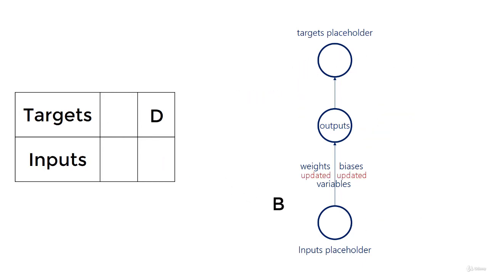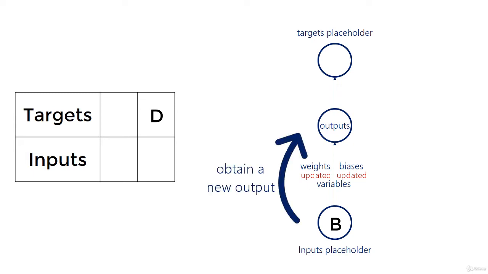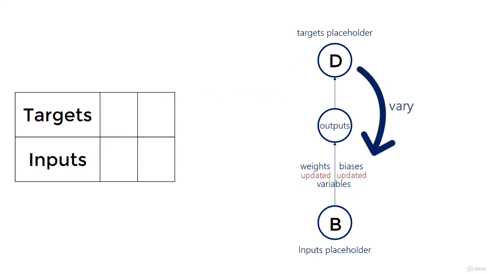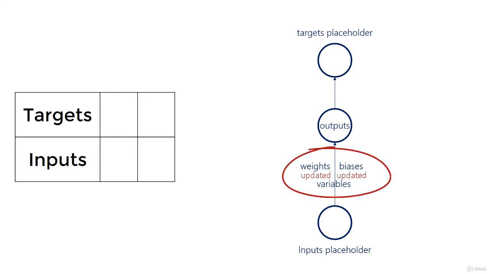Then B goes into the input's placeholder. Through the updated weights and biases, we calculate the new output, which will then be compared to the second target, D. Then, we'll adjust the weights and biases once again. Okay, A and B came and went away. We fed them to the model, got the best out of them, and we no longer need them. The weights and biases, however, were preserved throughout the iterations we performed.